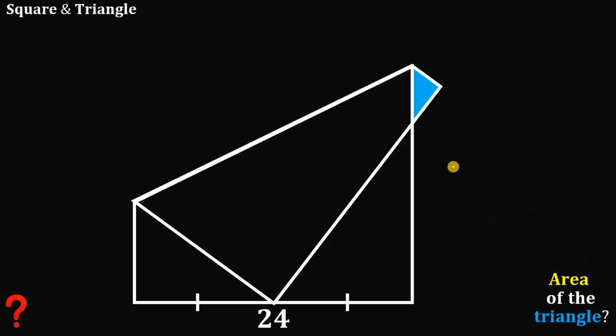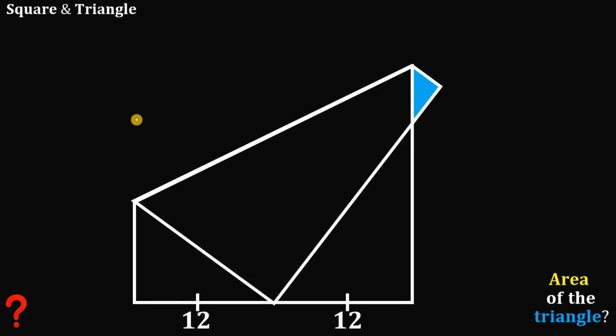Alright, so to answer this kind of question, we will use the given information. First, this point right over here divides the side of this square into two equal segments. Therefore, these two pieces become equal to 12 and 12 units. So 12 plus 12 will give us 24 units.